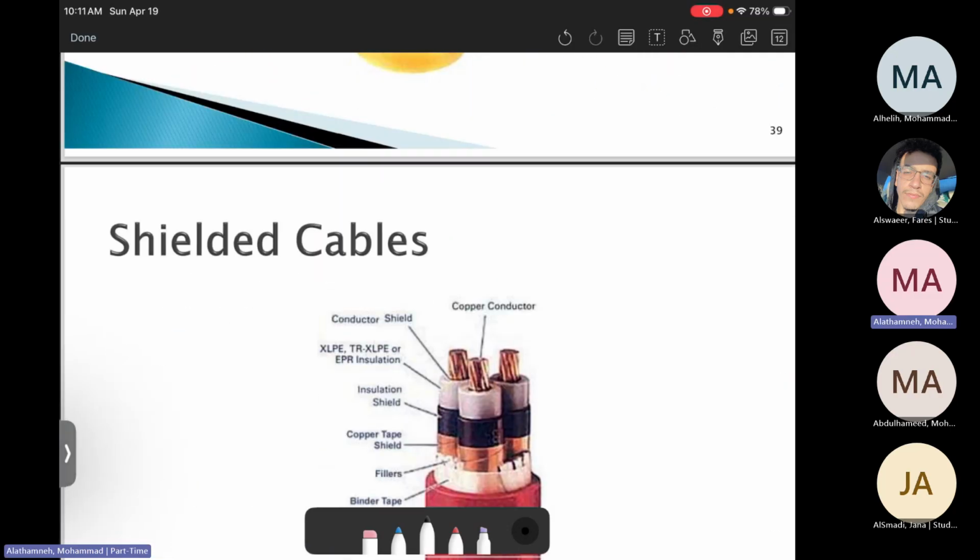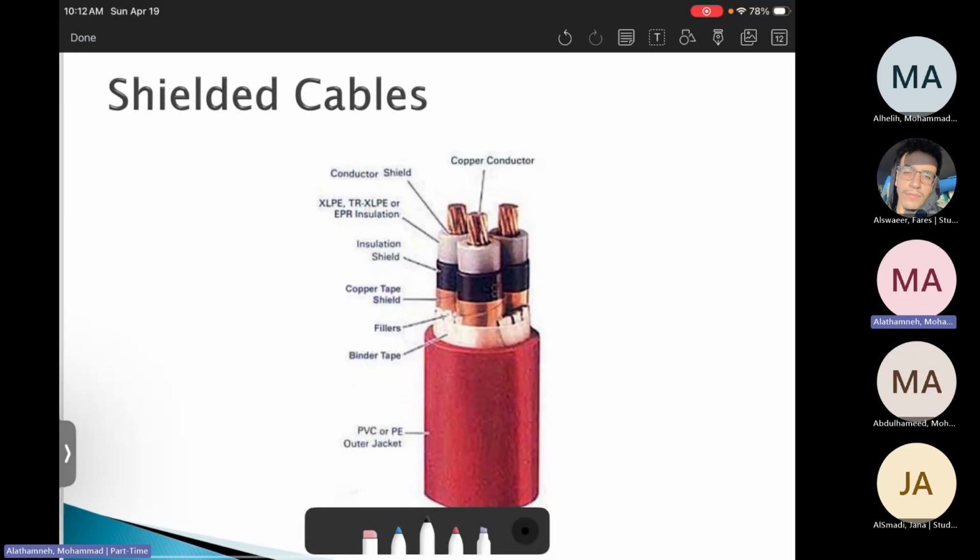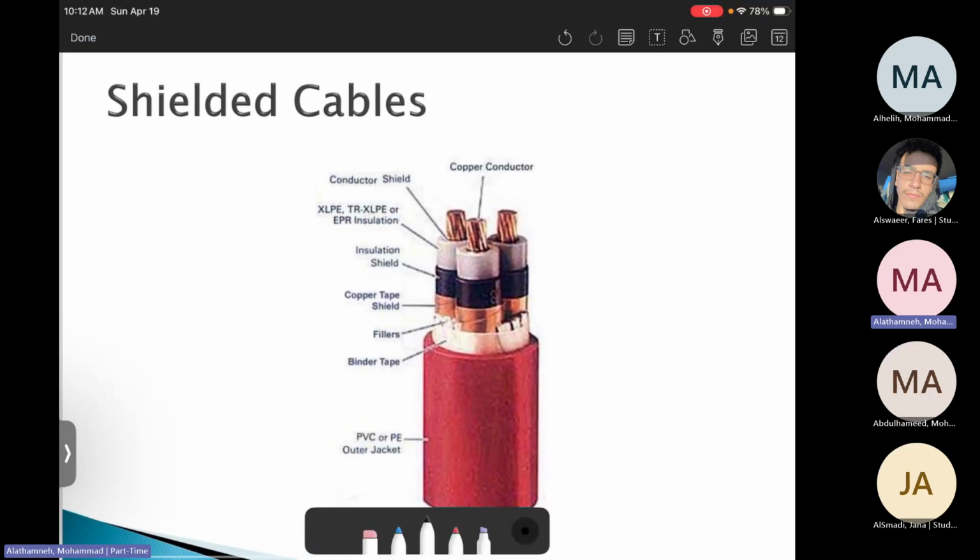Now the other type is called shielded cable. The shielded cable comes with a metallic layer. This metallic layer is used to block EMI and RFI, electromagnetic interference and radio frequency interference.